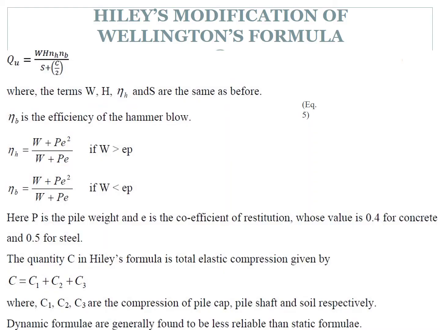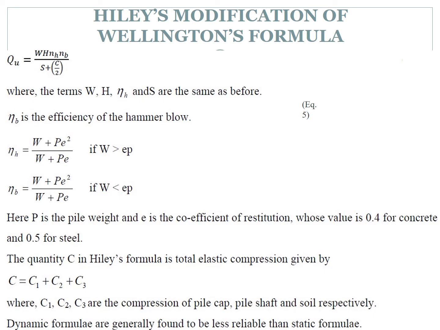Okay. Next, Hiley's formula. Hiley gave the following equation: Qu = WH eta H eta B / (S + C/2), where W, H, eta H and S are the same as before, and eta B is the efficiency of hammer blows.